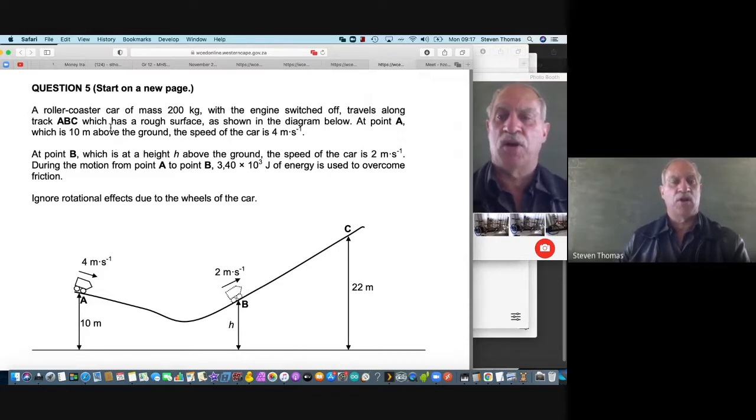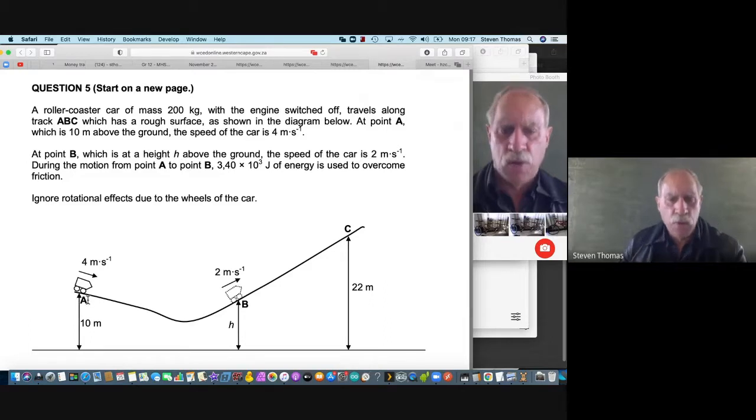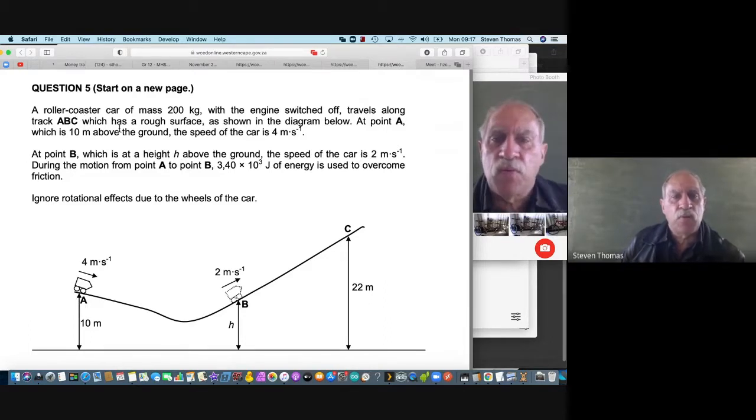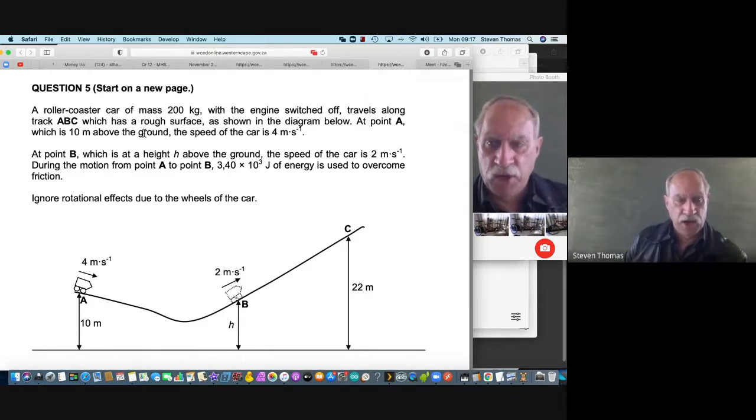A roller coaster car of mass 200 kilograms, there it is, with the engine switched off, travels along track ABC, which has a rough surface. Okay, there's friction as shown in the diagram below. At point A, which is 10 meters above the ground, the speed of the car is 4 meters per second.